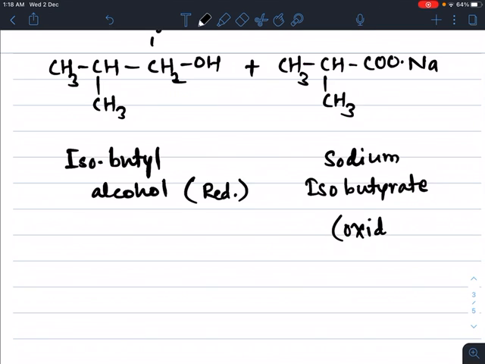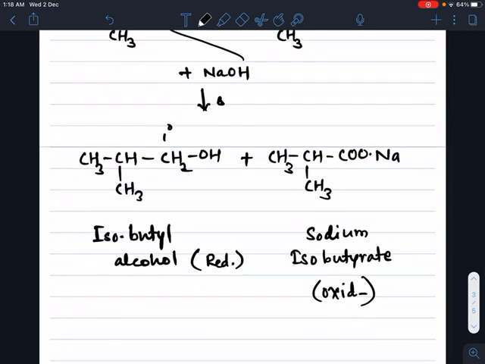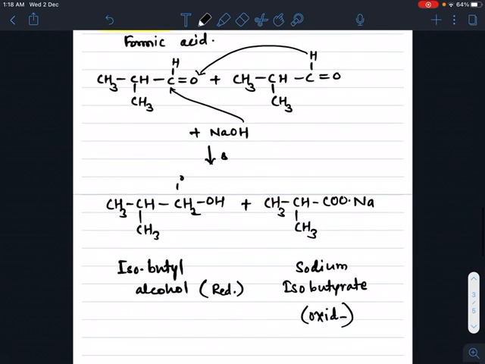So this is about the disproportionation reaction, that is, the Cannizzaro reaction with isobutyraldehyde.